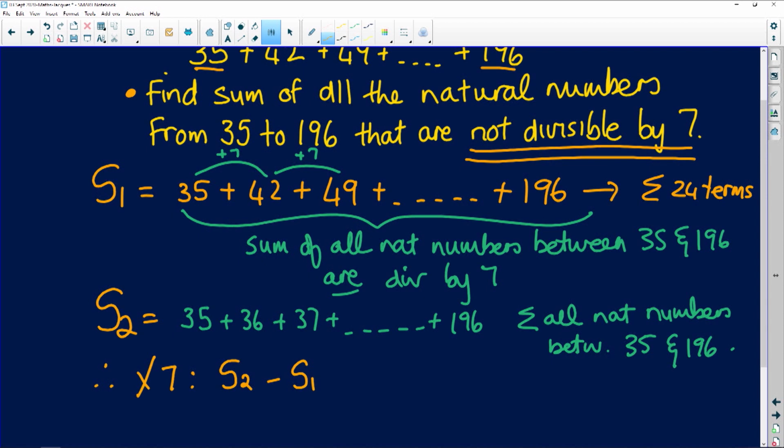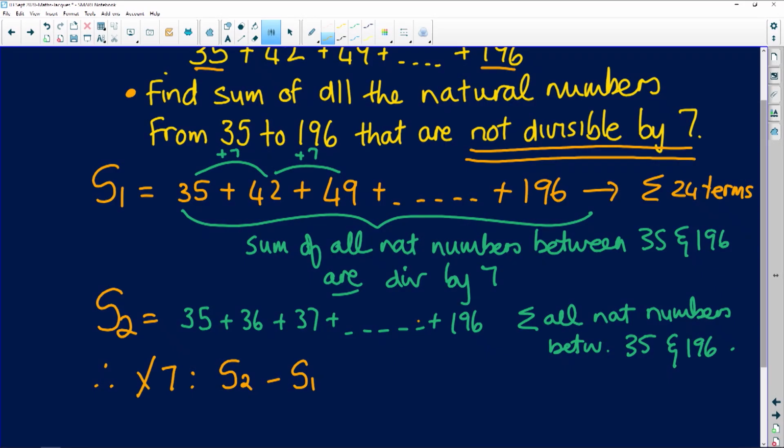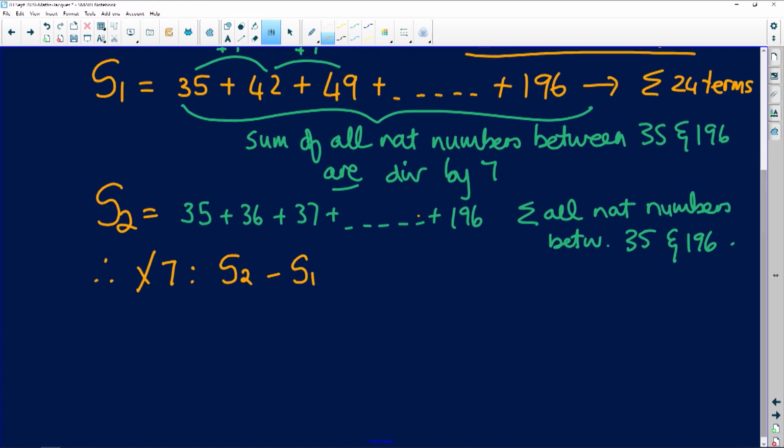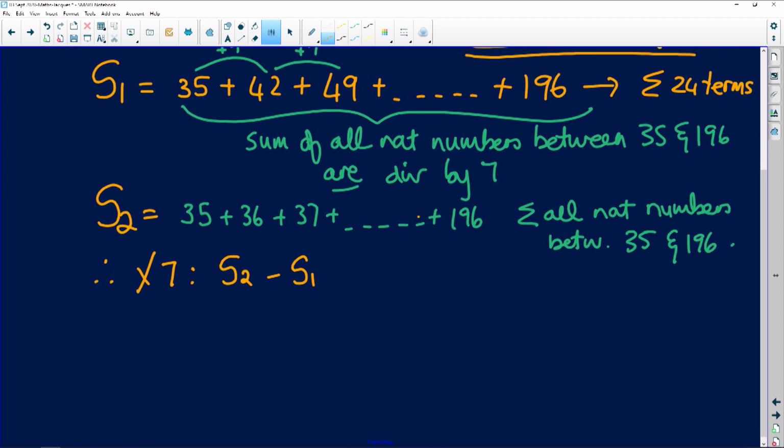So the answer to all the natural numbers between, minus those that are divisible by 7. You've got to interpret it like that to be able to answer the question. So let's not waste time. Let's find the sum of all the natural numbers between here and the 196.